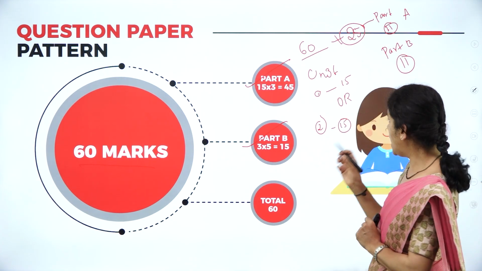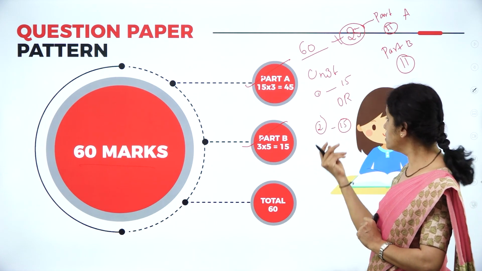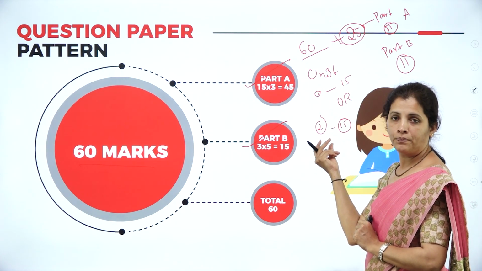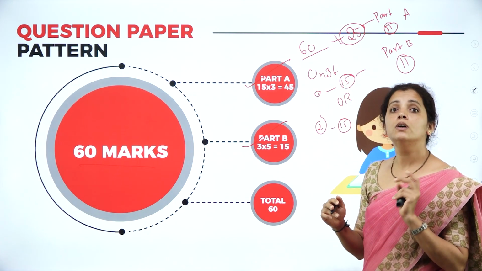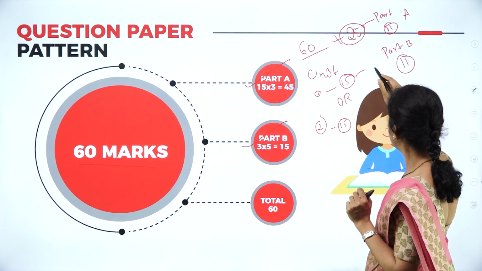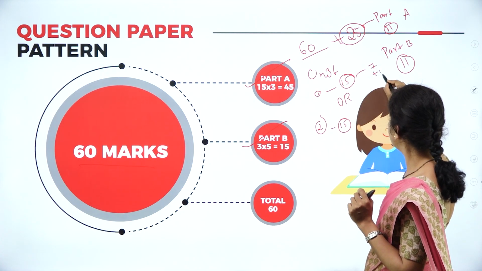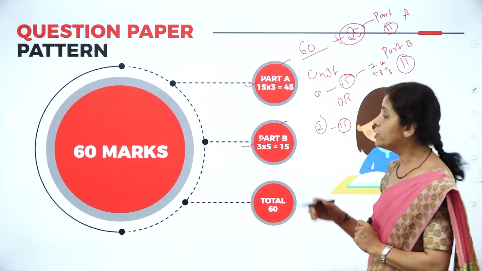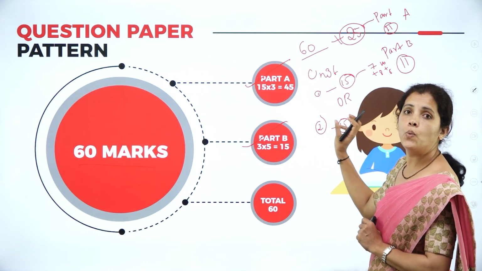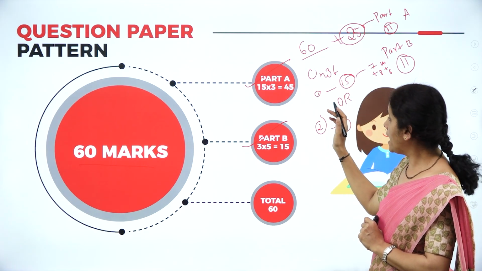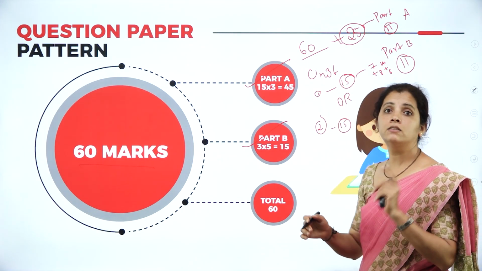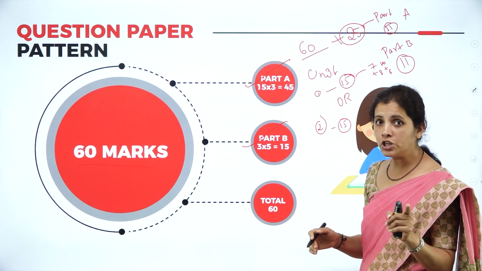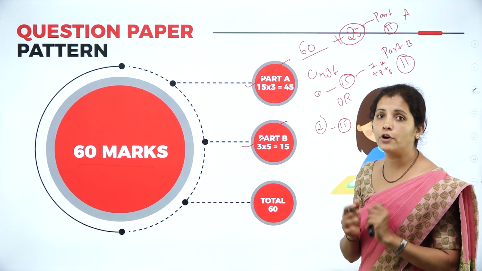I can answer the first main or the second main. This 15 marks is further divided into 2 subparts, that is 7 plus 8 or 10 plus 5. So you have to answer any one full question. And if I consider 3 units, I'm going to get three 15-mark questions. 3 into 15, it is 45.